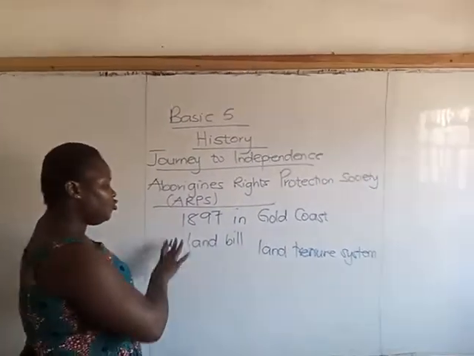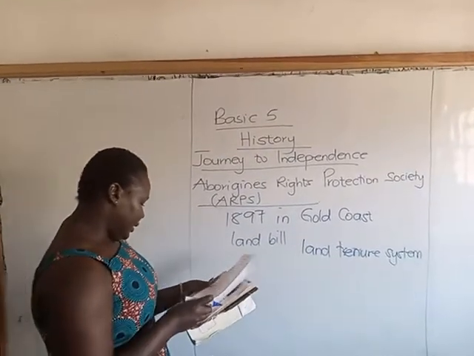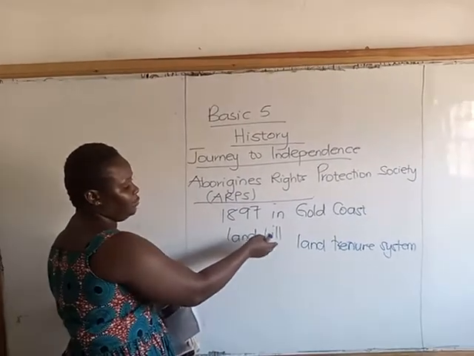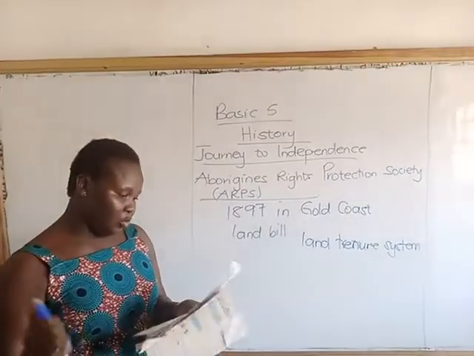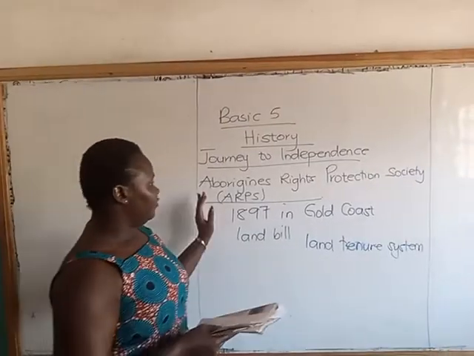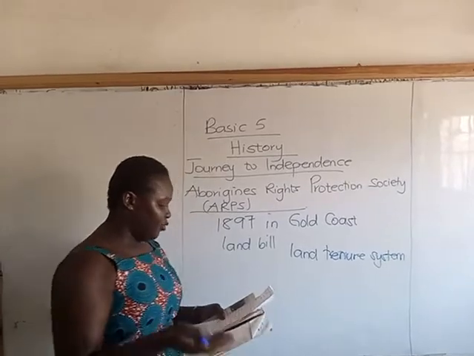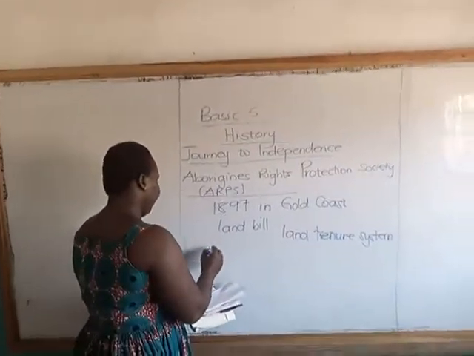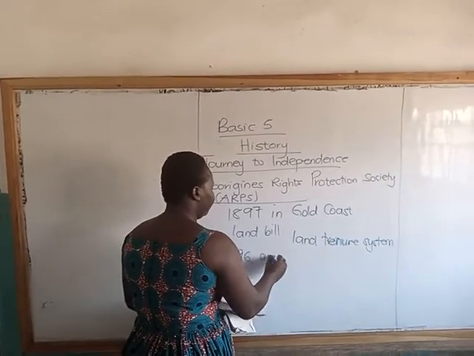But then the Gold Coast colonial government decided to pass the land bill in 1897. That's what gave them the right to take over all lands that were not in use in the Gold Coast. So that led to the formation of the Aboriginal Right Protection Society, so that they would fight against that law that was passed in 1896 and 1897.